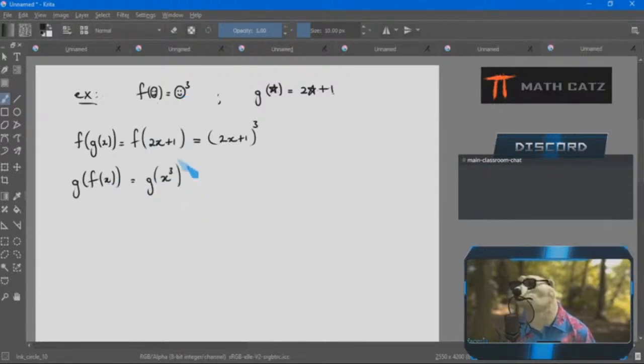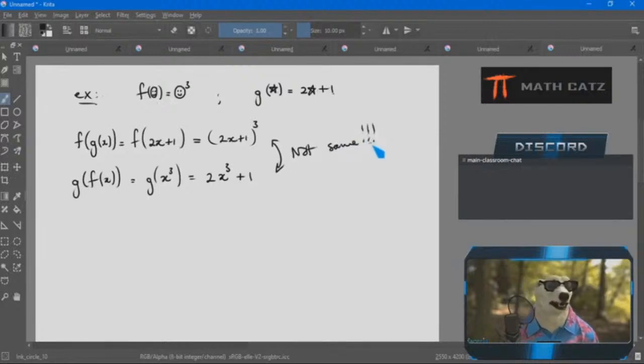All right. Now G is ready. Its input is x cubed. What does G do? It multiplies the input by 2. It adds 1. Please notice that these are not the same.